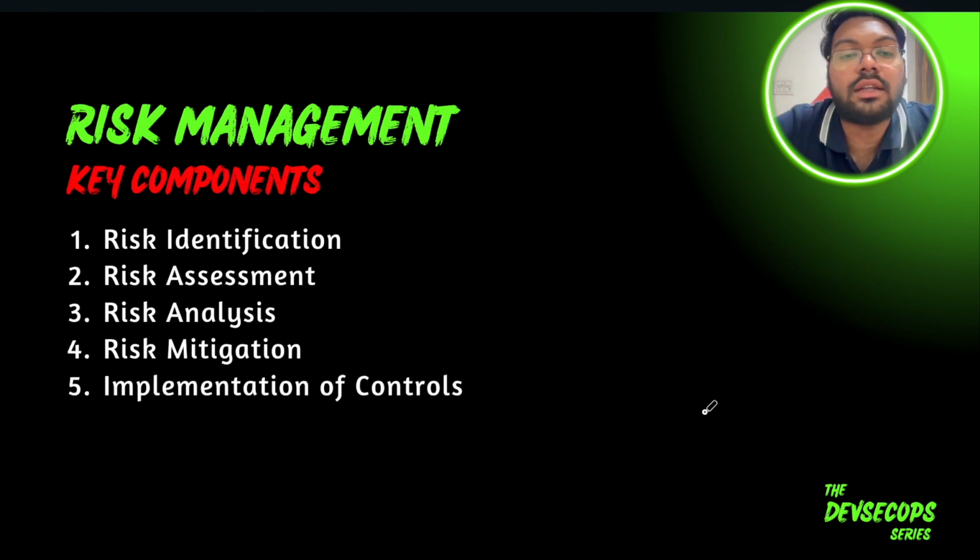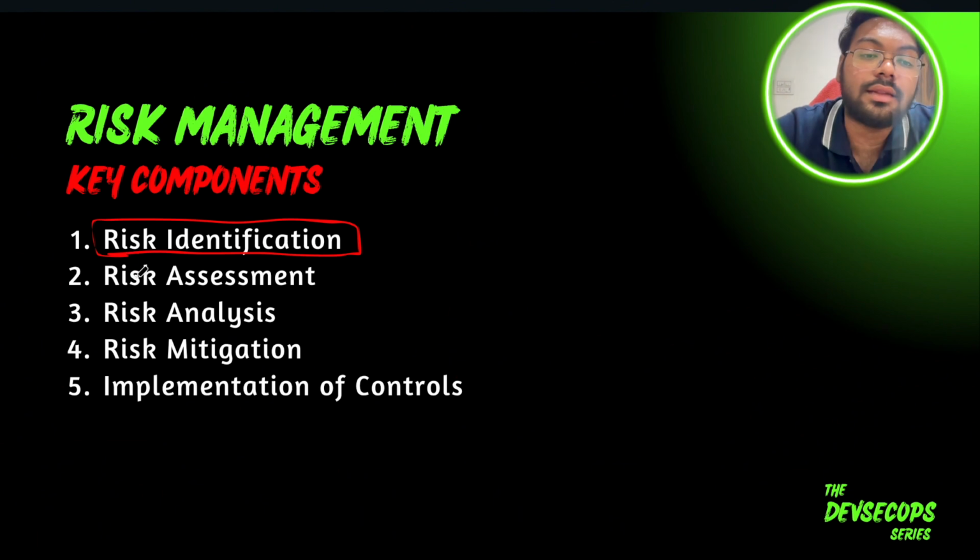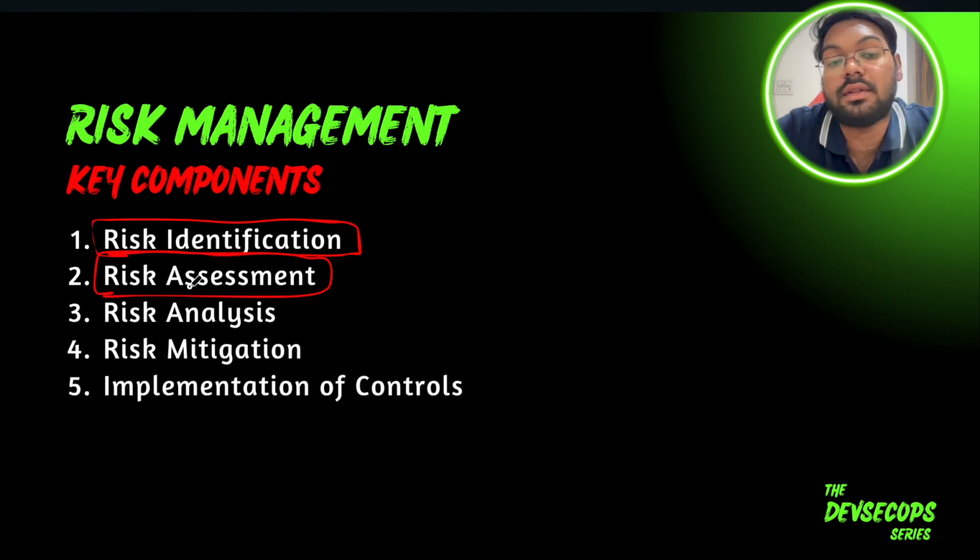Then next, what are the key components of risk management as well? Identification of what kind of risks are available in your application or in your organization, that is the first thing. Then assessing them: what is the vector, what are the depth and breadth of these risks.